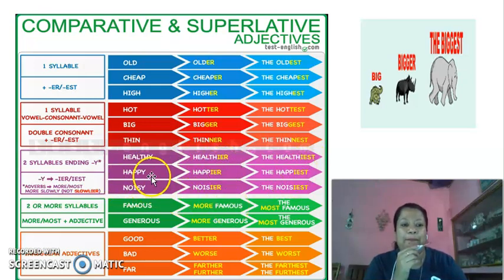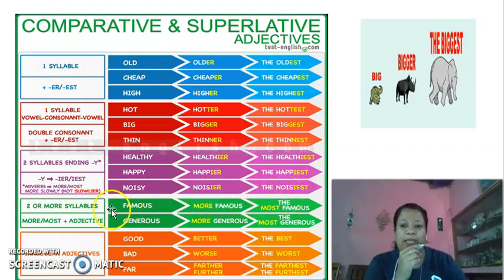Again, happy, two syllables, remove the Y and put I instead of the Y, and then add ER and EST. Okay, healthy, healthier, healthiest, happy, happier, happiest, noisy, noisier, noisiest.